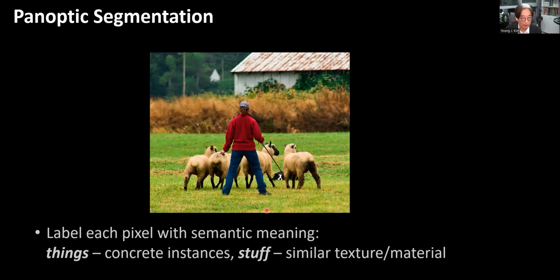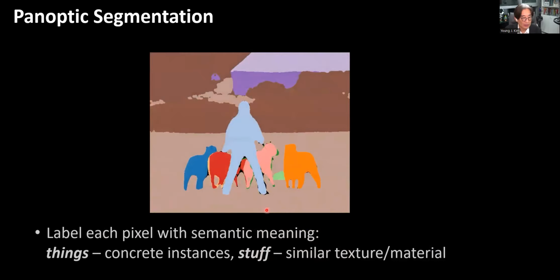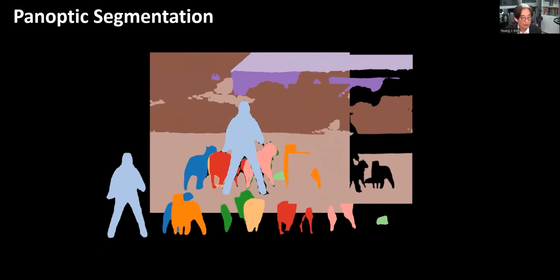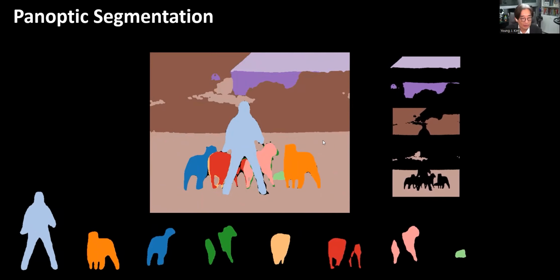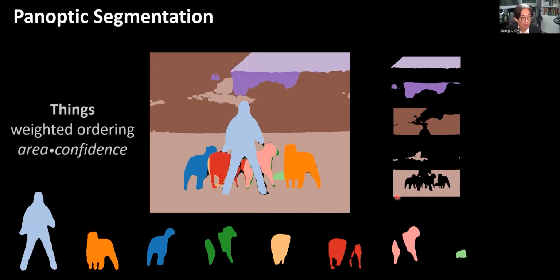We classify those two using panoptic segmentation, and then we sort the things and the stuff. In the case of things, we use a weighted ordering of the area of the image and the confidence of the segmentation results. We sort them, and we also sort the background based on some kind of semantic ordering. We will use this ordering as the drawing sequence.